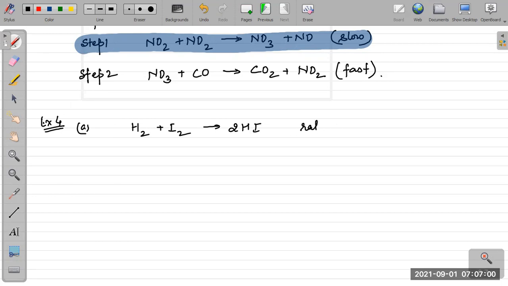The rate law happens to be first order in hydrogen, first order in iodine.